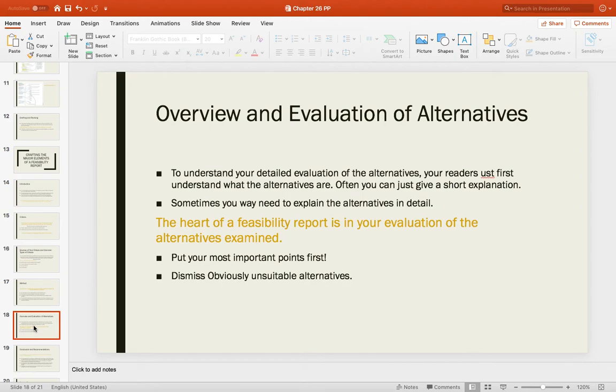Overview and evaluation of alternatives. To understand your detailed evaluation of the alternatives, your readers must first understand what the alternatives are. Often, you can just give a short explanation, but other times you may need to explain the alternatives in detail. For example, the hospital executives were familiar with what conventional phones could do.